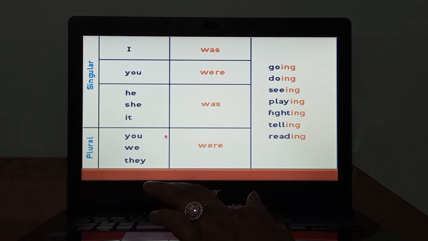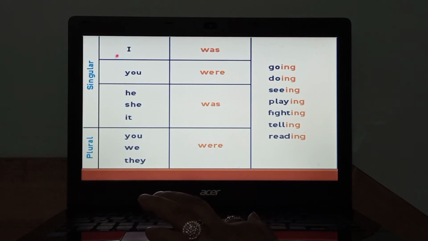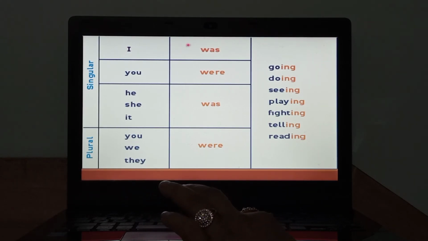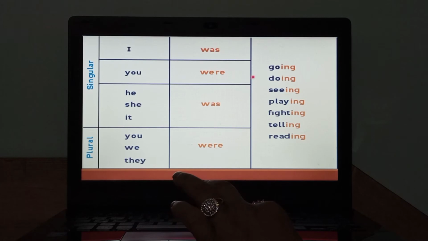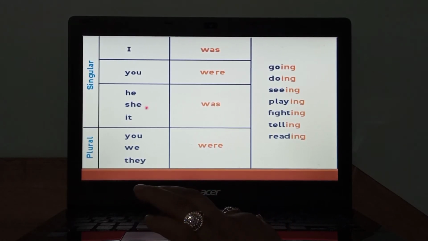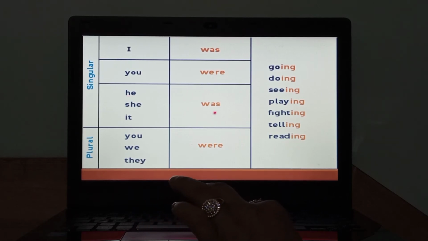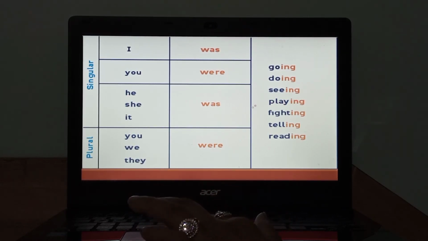Now look at this sentence. I was going to school. You were doing your homework. He was playing cricket, and so on.